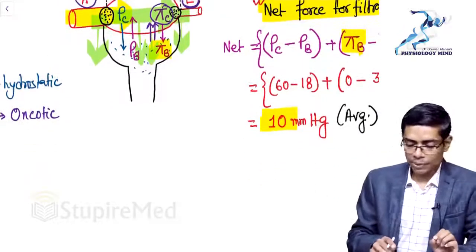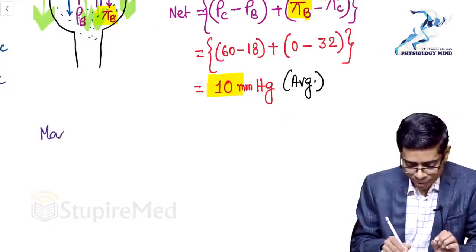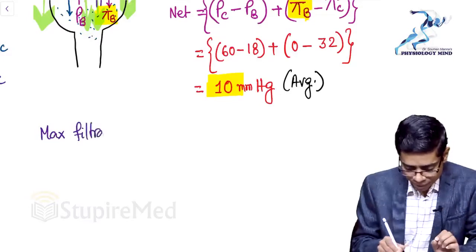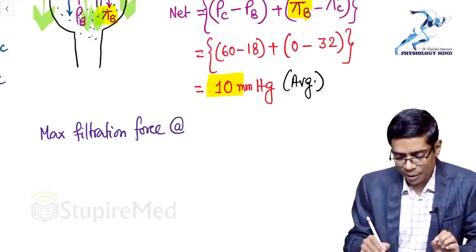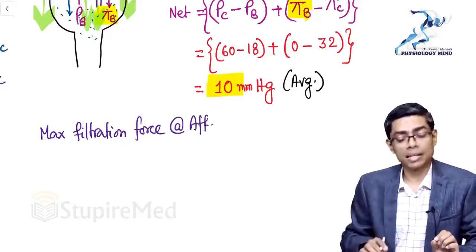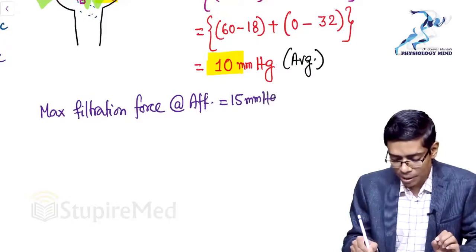That's why, if you read carefully, you will read in books that the maximum filtration force is at the level of the afferent arteriole, and how much is that? 15 millimeter of mercury.